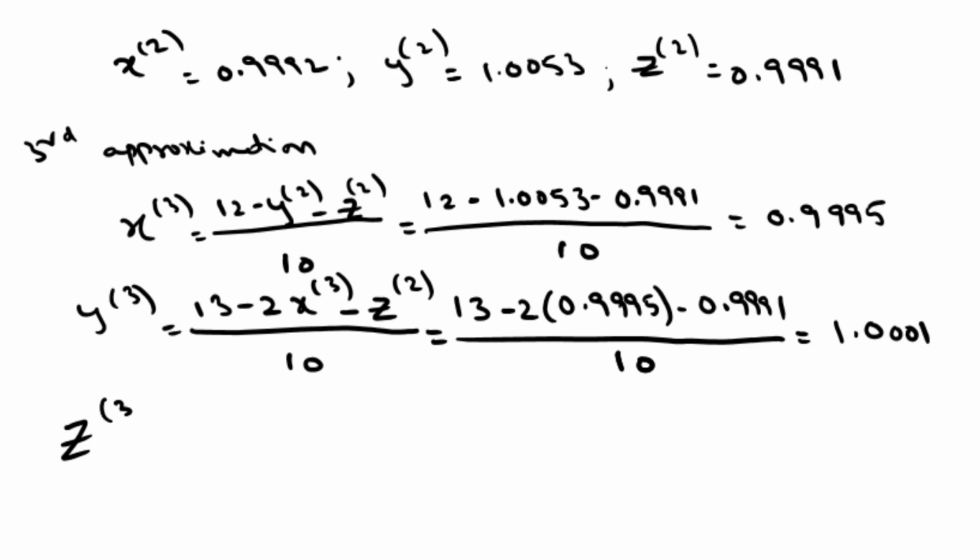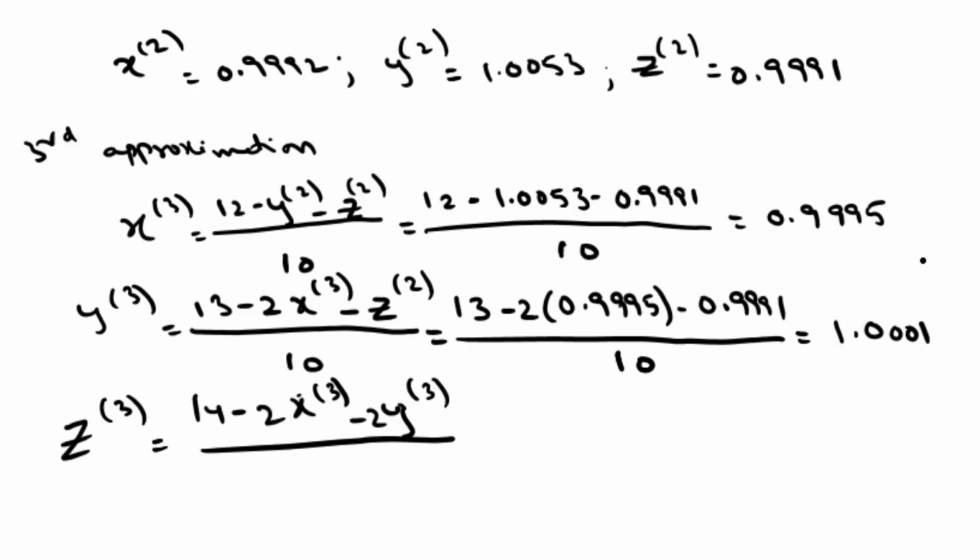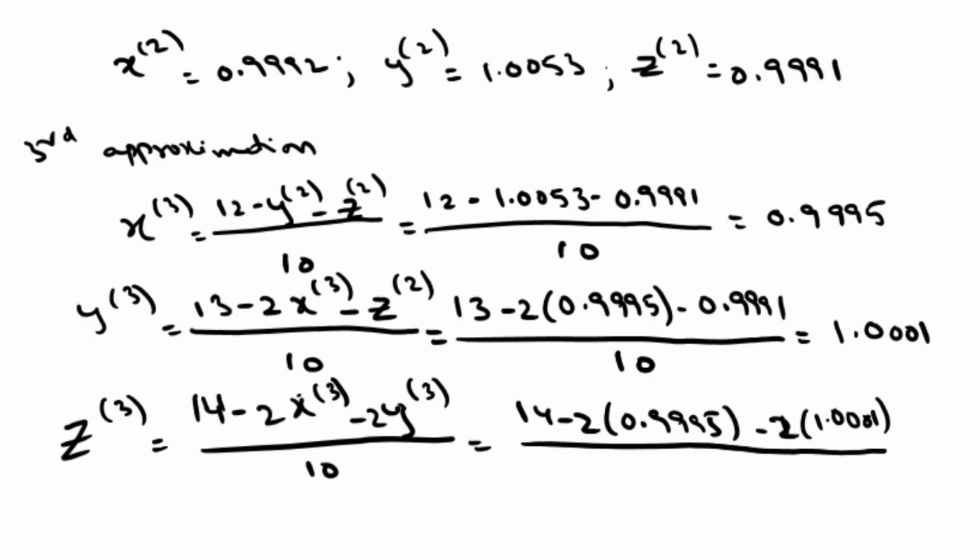Z of the third approximation is equal to 14 minus 2 into x of the third approximation minus 2 into y of the third approximation, divided by 10, equals 14 minus 2 into 0.9995 minus 2 into 1.0001, divided by 10, equals 1.